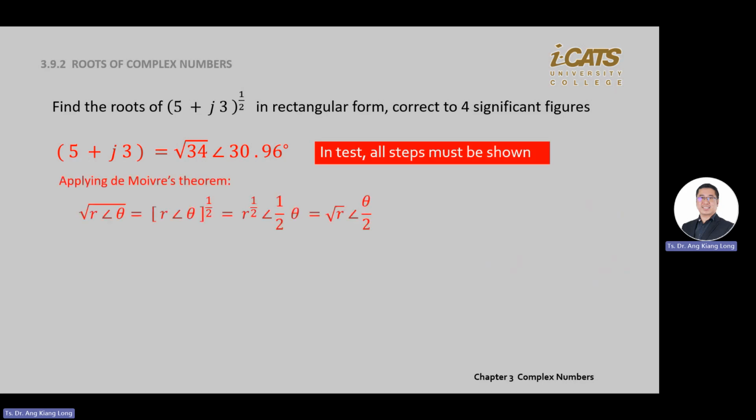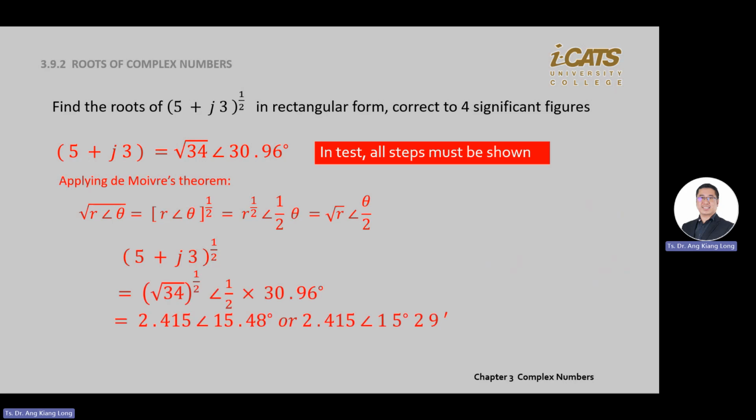So you apply the De Moivre theorem. So it means you square root the r and also divide by half the angle. Okay. So at the end, you'll get this final answer. You convert 5 plus j3 square root, you get 2.4 at 15 degrees and minutes.